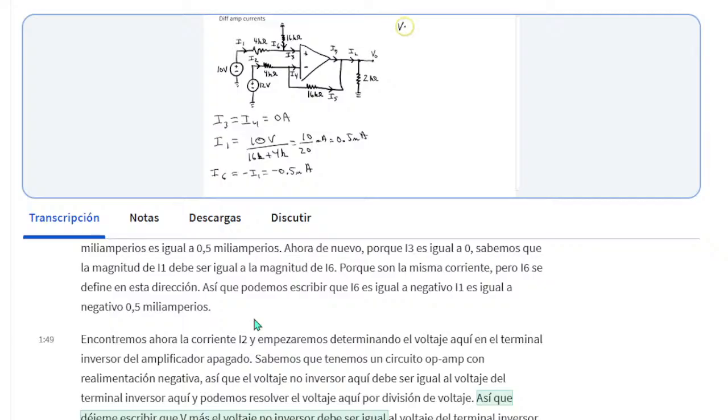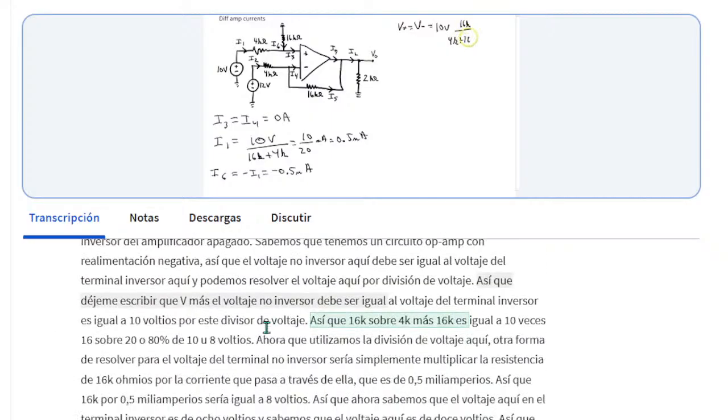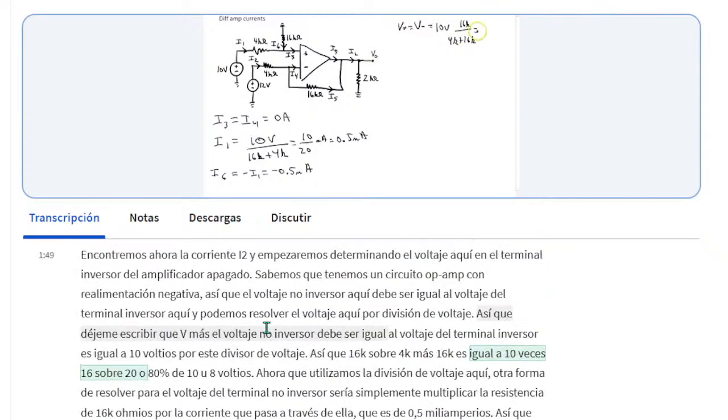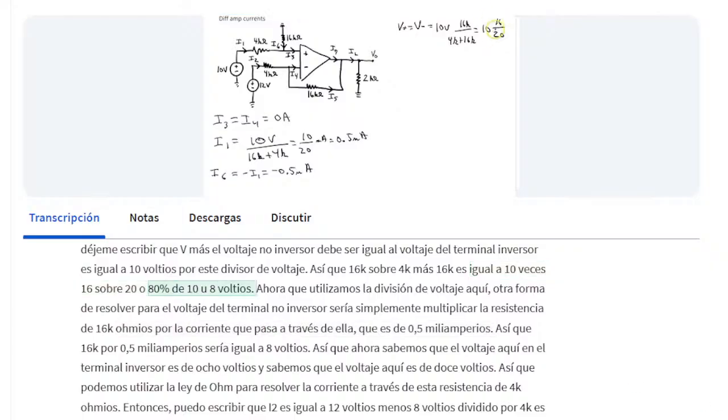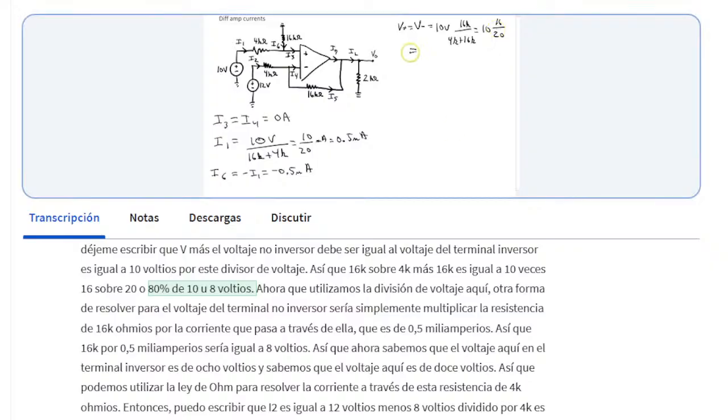So let me write that V plus, the non-inverting voltage, must be equal to the inverting terminal voltage is equal to 10 volts times this voltage divider. So 16K over 4K plus 16K is equal to 10 times 16 over 20, or 80% of 10, or 8 volts.